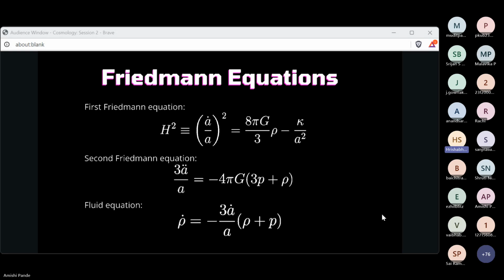It is a 4x4 matrix with all the off-diagonal elements as 0, only the diagonal elements being present, of which the first is rho, the density of all the stuff that is present in the universe, and the rest three are pressure, P, which takes into account the pressure exerted by all the stuff present in the universe. Let me use the word stuff in double quotes.